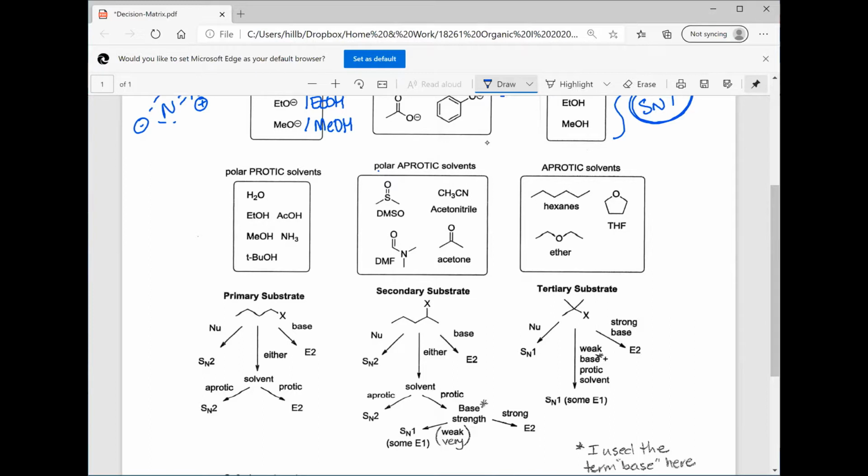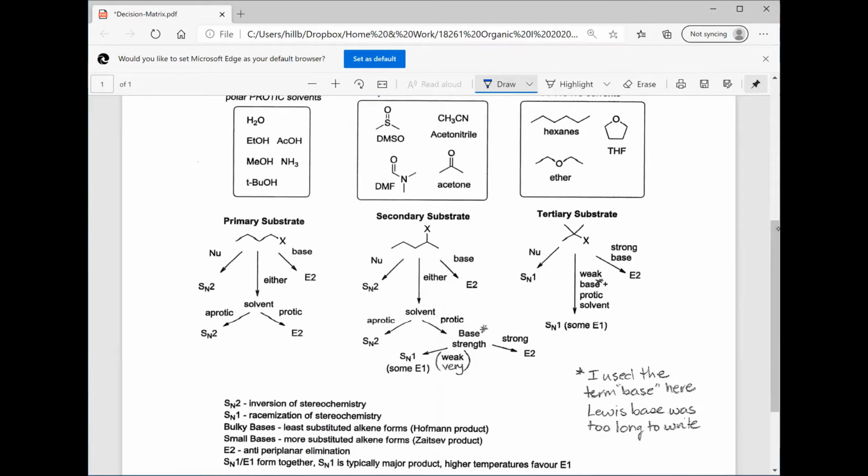But anyway, this is where the decision matrix part comes in. If you've got a primary substrate and you look at the Lewis base, the first thing you need to recognize is that it's primary. So where's the leaving group, and what type of carbon is it attached to? If it's a primary substrate, then the first question is, let's look at the Lewis base. Is it a nucleophile or is it a base?